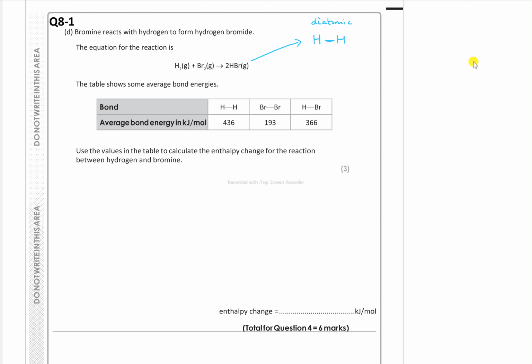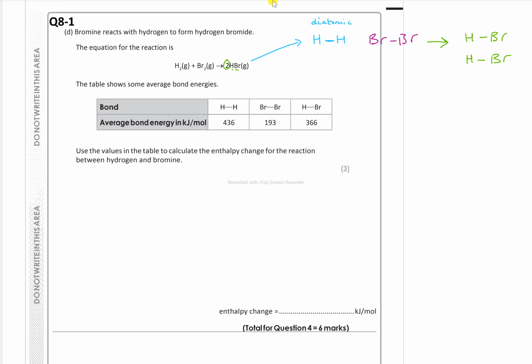Bromine is also diatomic, and it's got bromine to bromine bond. Right, that's that. And then on the other side, you've got hydrogen bromide. So there's a hydrogen bromine bond, but there's two of these. Right, that's on one side and that's on the other side.